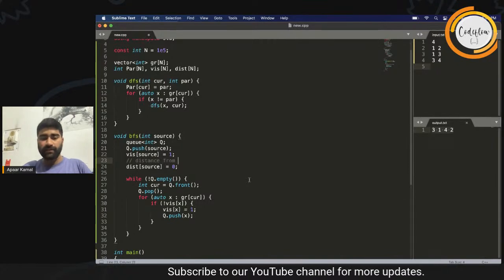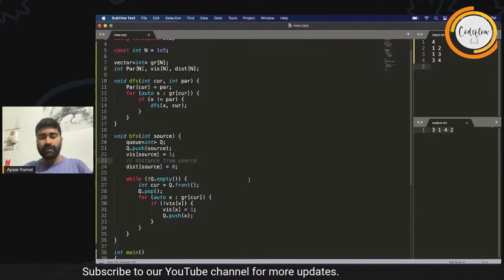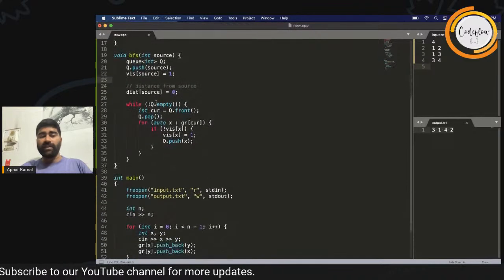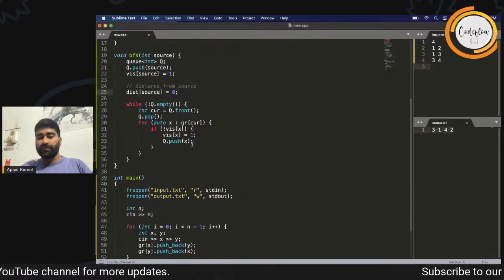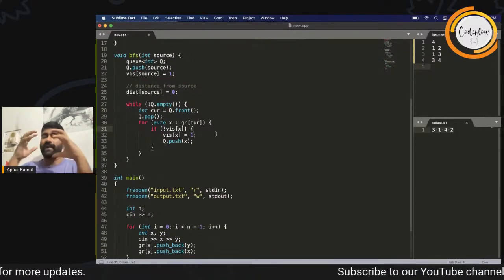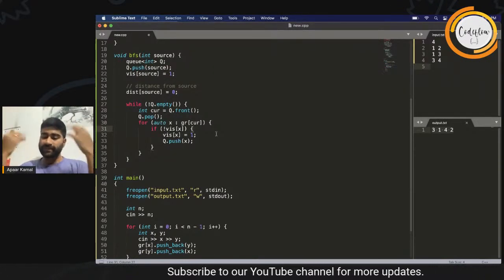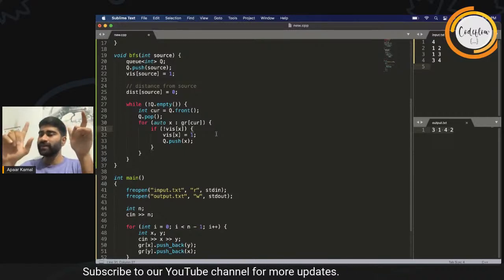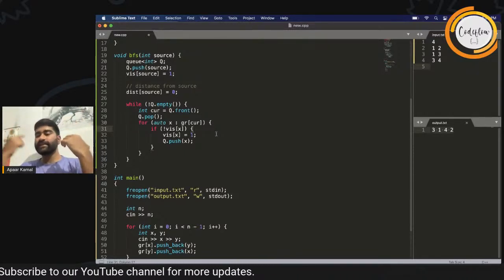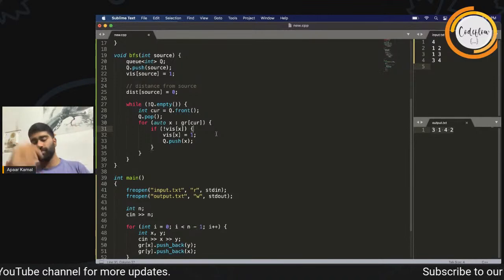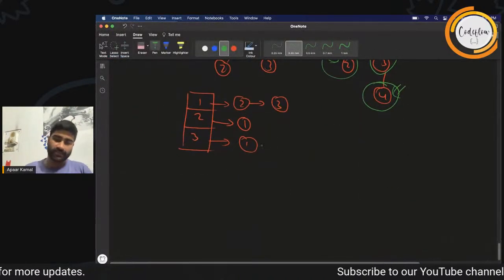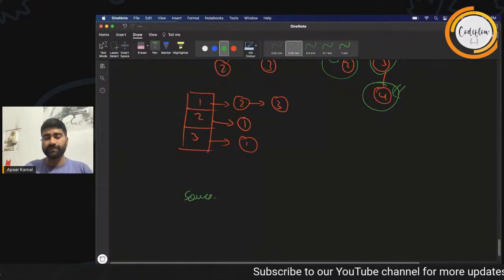So what is the distance of source? It is 0, right? Now let's say I'm on some vertex and I'm going to its child. So what is the distance from that vertex to its child? It is 1. So what will be the distance of that child from the source node? Let's say I have a source node.